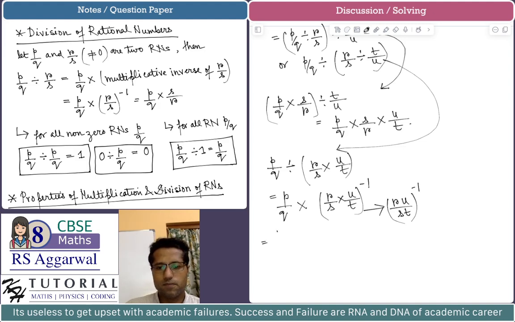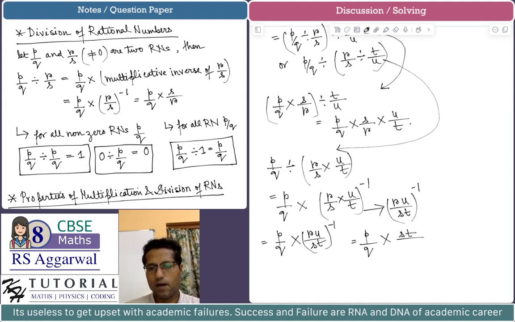So this becomes P by Q multiplied by RU by ST to the power minus 1, meaning the reciprocal of RU by ST. We know the reciprocal of any rational number will be equal to ST by RU. That is, we just interchange the numerator and the denominator.